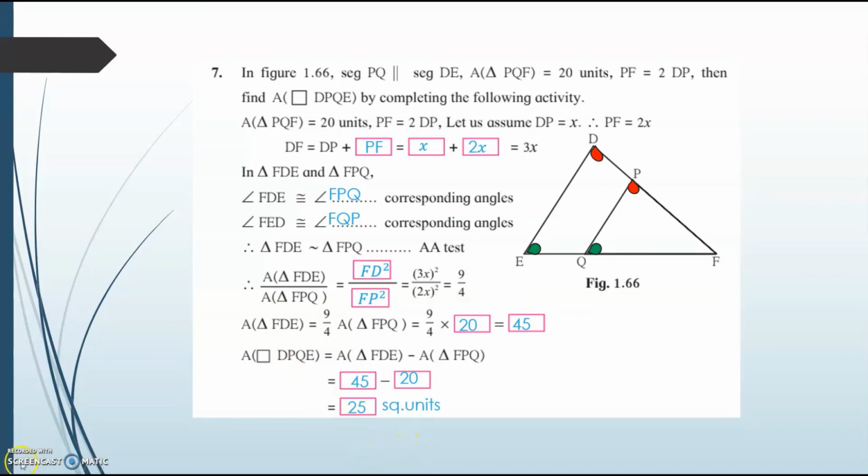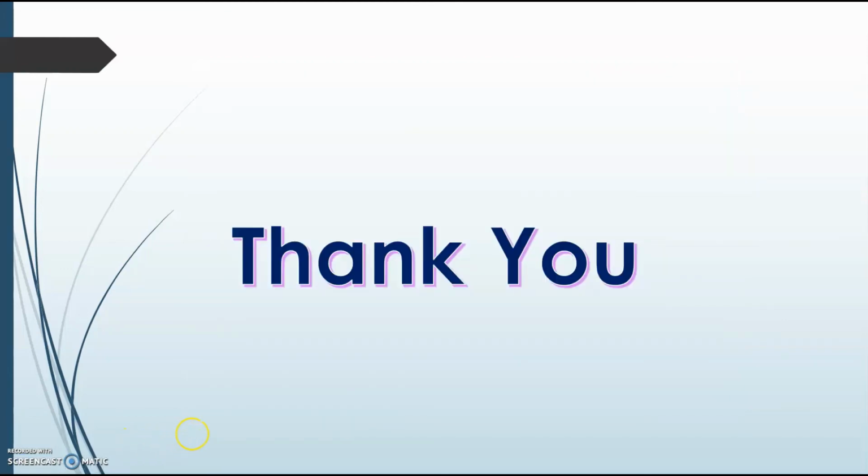With this, we complete our similarity chapter. Practice set 1.4 is over, and also the similarity chapter is over with this. You can attempt the problem set. So keep practicing.